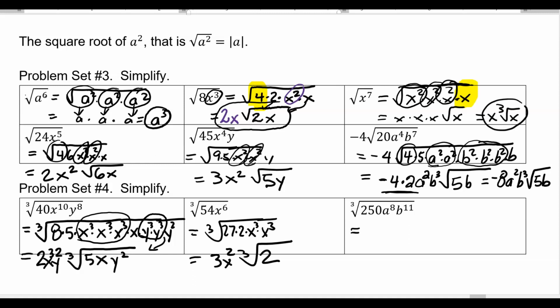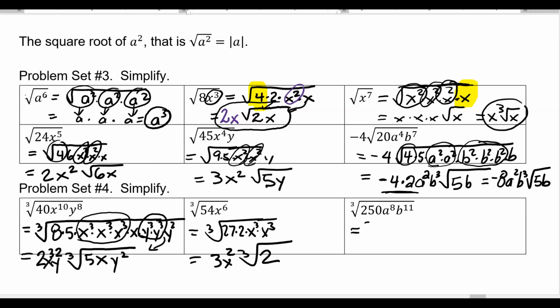And then you have this big number of 250 that you have to figure out. What perfect cube divides into 250? And I guess the obvious number is 125.